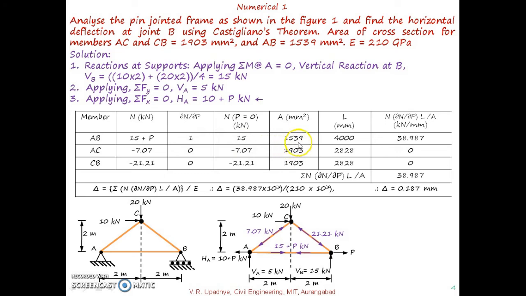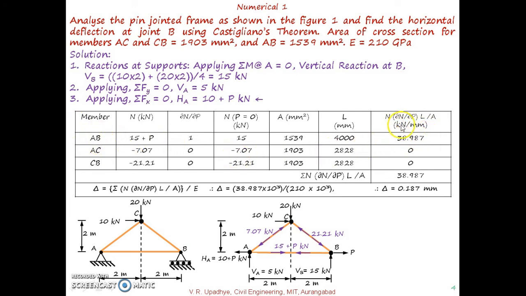Then L, that is in column number 6, divided by A. Now if the area of cross section is the same throughout the members, then you can consider it in the last calculations. But here, as the area of cross section is changing, we need to calculate it separately for each member.